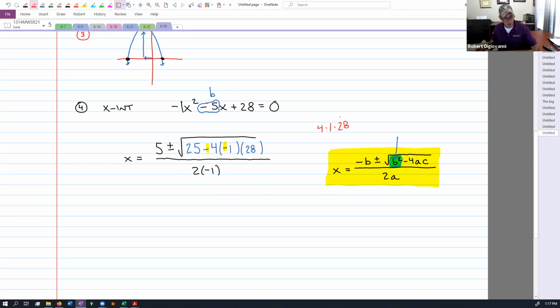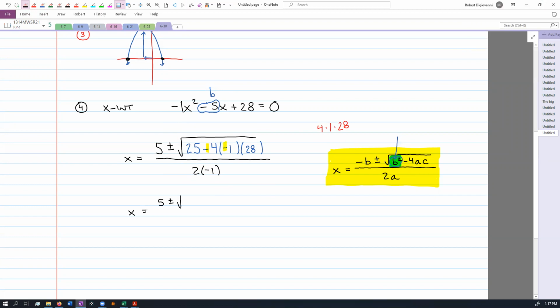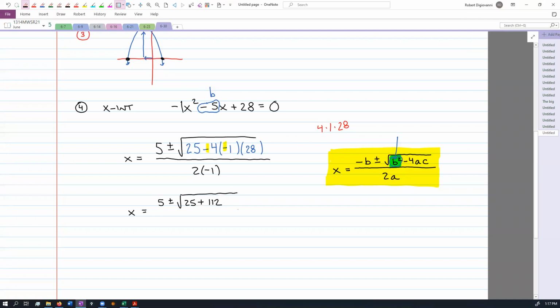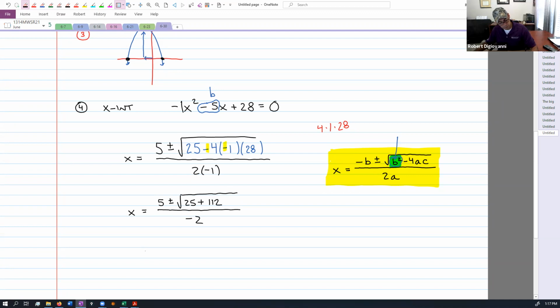Tell me what number you get. I got 112. So we have the 25 that was there, and because we saw 2 minus signs, we're gonna add 112. And then all of that over -2.